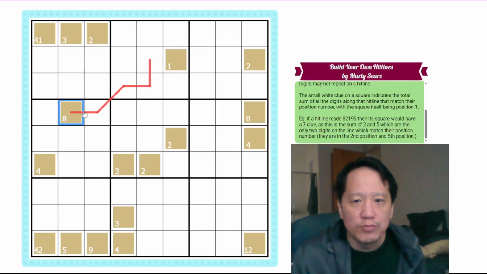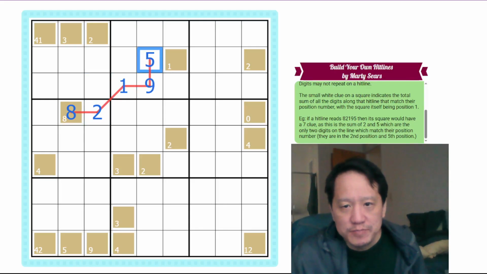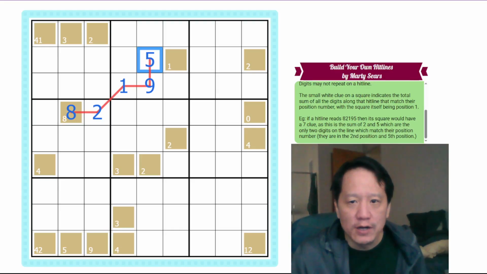If the hit line reads 82195, then its square would have a 7 clue, as this is the sum of 2 and 5, which are the only 2 digits in the line which match their position numbers.